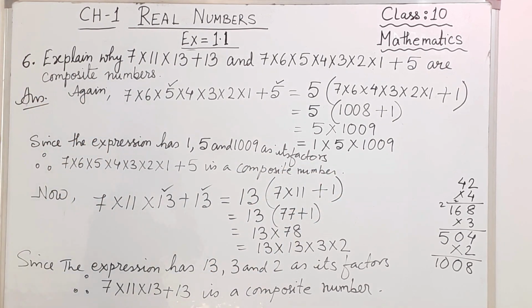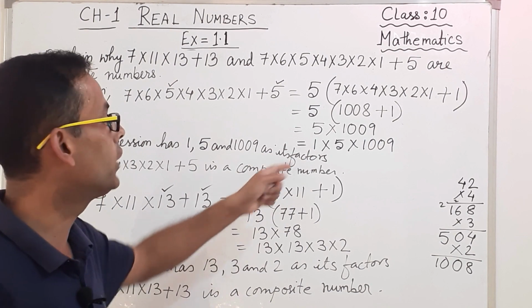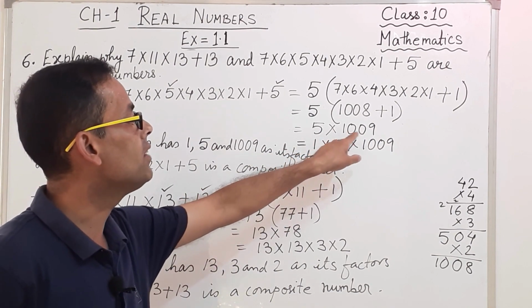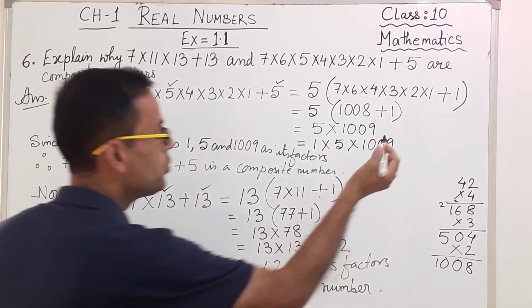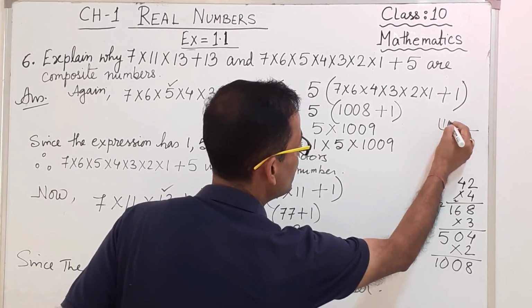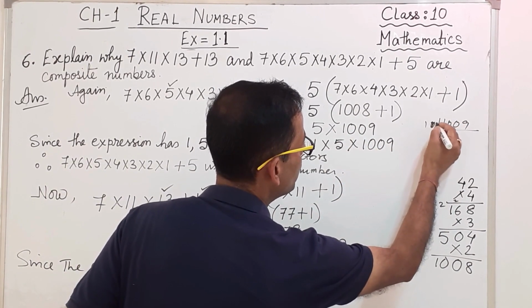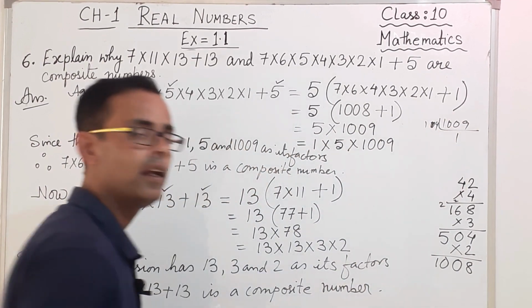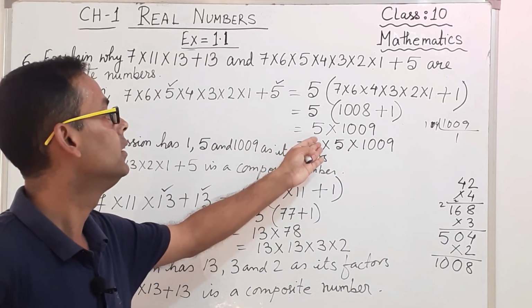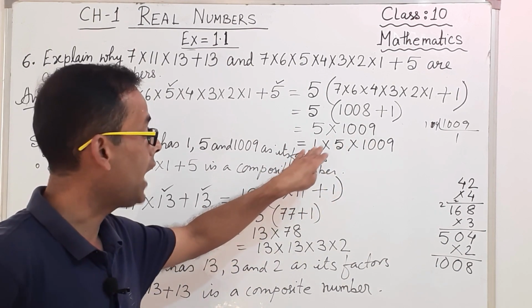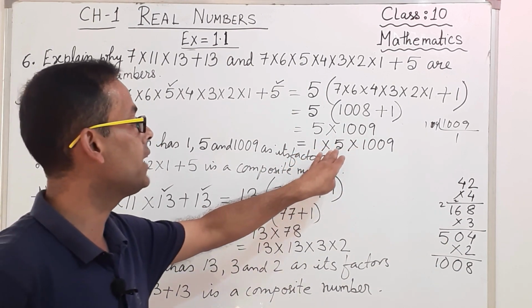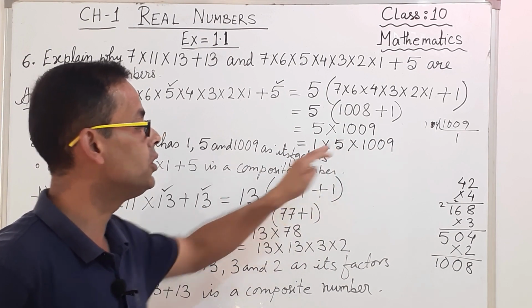Okay. So you can see we can write 1. Because 1009, if you find out the factors of 1009, it will go with 1009 only. So we can put 1 also as a factor. So 1 into 5 into this one. Another factor will be there if you multiply this one, 1009 into 5.